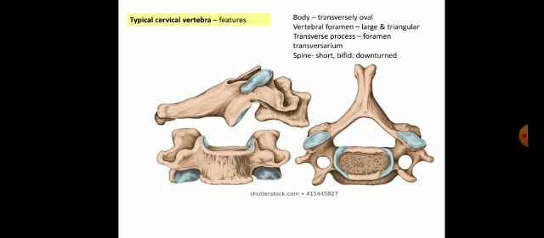A very characteristic feature of cervical vertebra is that the transverse process has an opening called the foramen transversarium. The foramen transversarium of all the typical cervical vertebrae is going to transmit the second part of the vertebral artery.